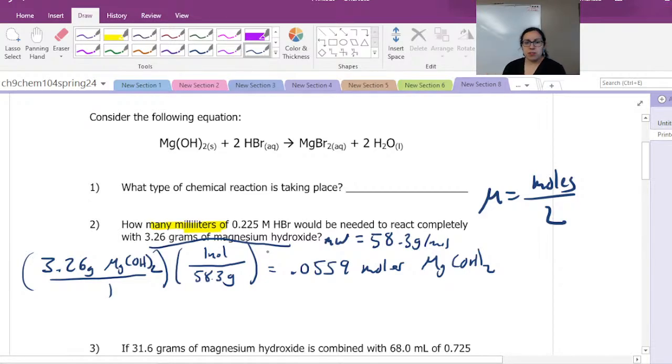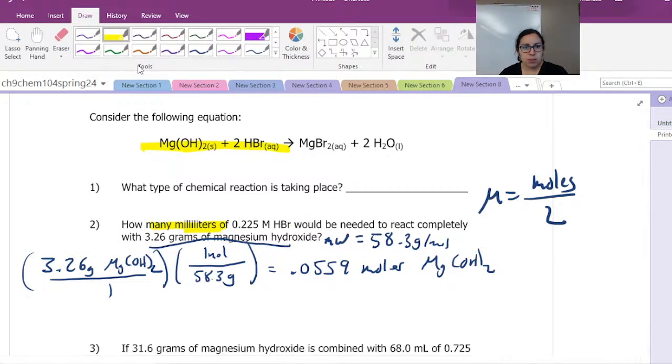Almost, we're just skipping one little step, right? So we go back to our balanced equation. We figured out moles of magnesium hydroxide. But then what's the problem with this equation? So how many moles of magnesium hydroxide do you have to HBr? So it's a 1:2 ratio, right? So we can't just skip ahead yet.